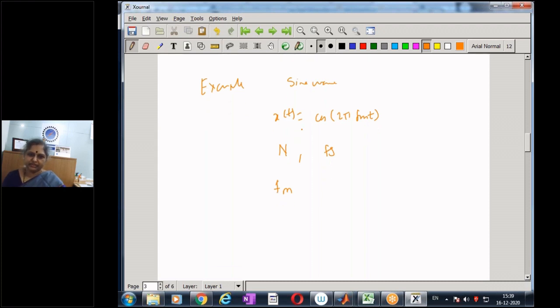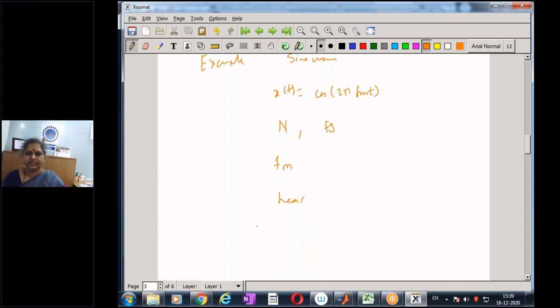We'll try to hear the cosine wave when we select a frequency in the audible range. So we'll hear the signal, and we'll also plot the signal in the time domain and look at the spectrum. In addition, we shall later add noise to the same signal, see the effect of added noise, and look at the spectrum when we add noise to the sine wave.